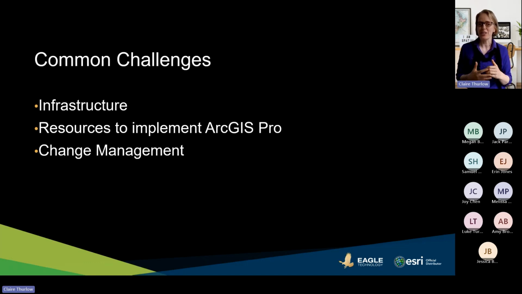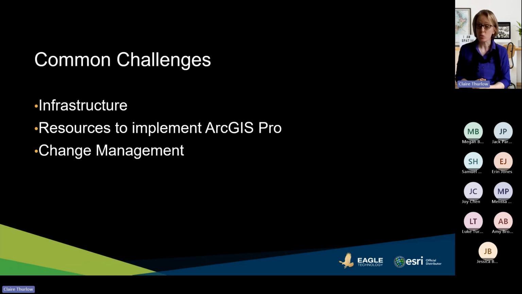I'm hoping that none of us still have just 32-bit machines, but ArcGIS Pro is a 64-bit application, and so it does need a 64-bit machine to work with the software. It also requires a graphics card, and as Jess mentioned with the virtualization of ArcGIS Pro, it is a consideration that your virtual machine is on a resource that has that graphics card.